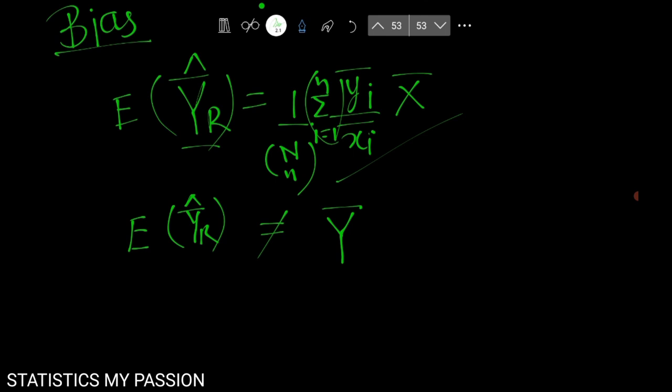So how can we find the MSE? It is a very long process, and MSE is not simple to find.